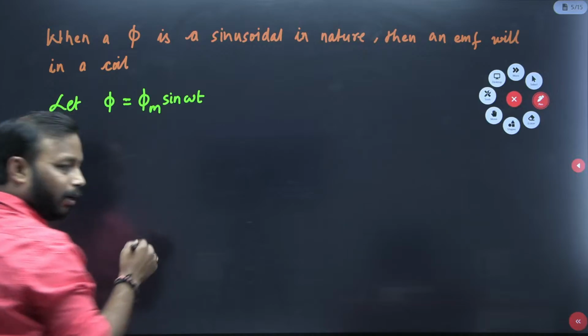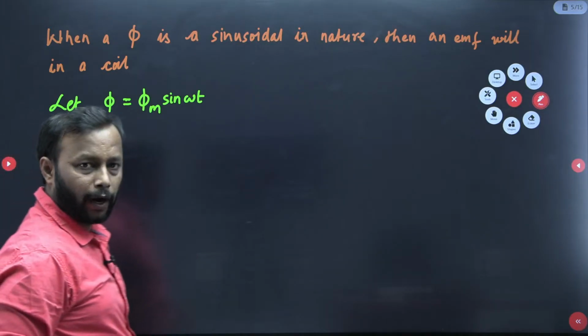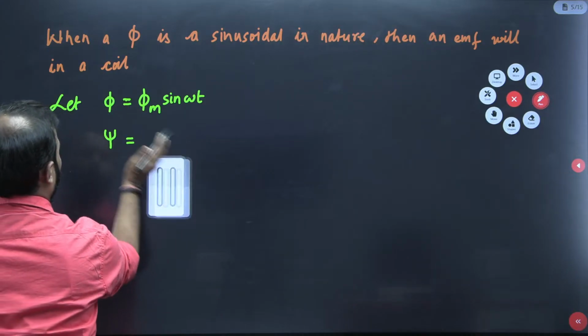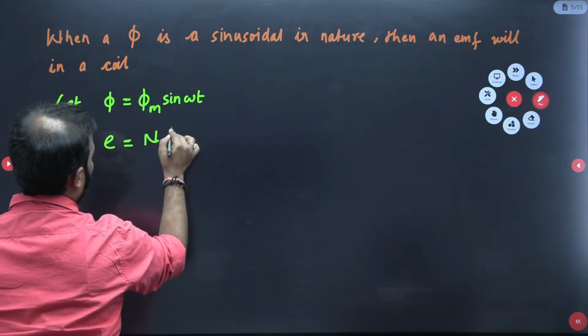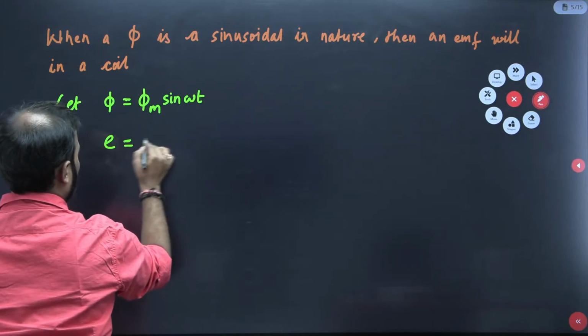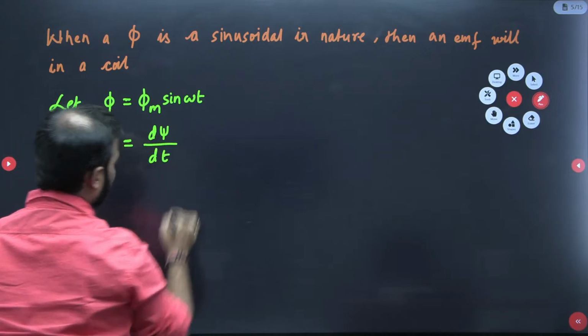Now as per the statement of Faraday's law, what does it tell? It tells that E equals N d phi by dt, or better to write E equals d psi by dt.